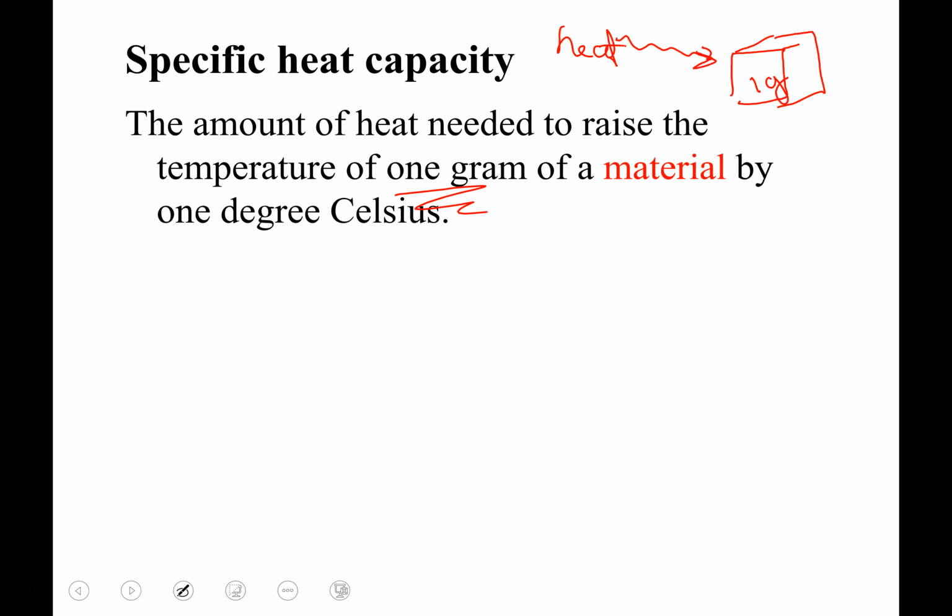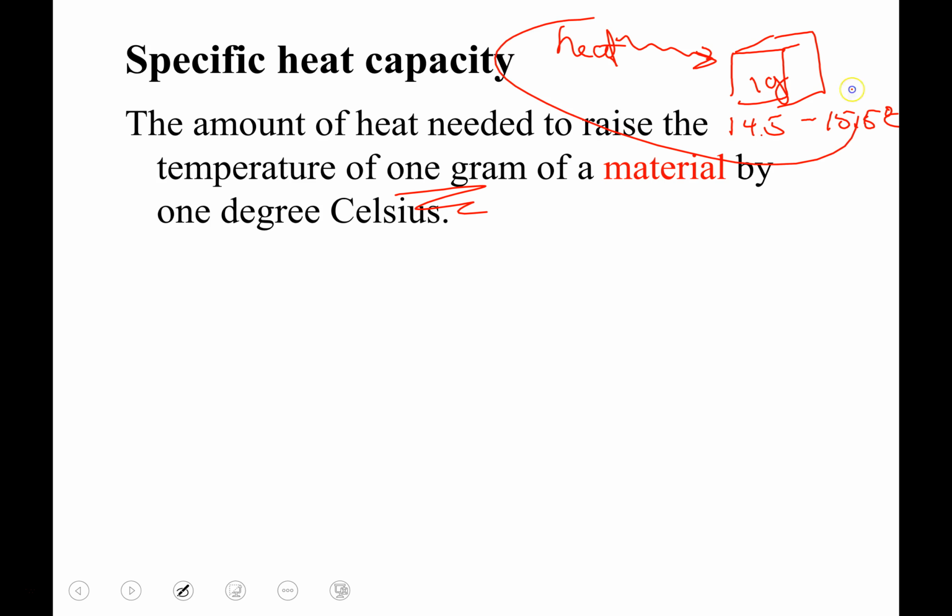Do you guys remember what temperature when I talked about the definition of a calorie? It was water, 1 gram of water, raising it from what to what? 14. Yep. From 14.5 to 15.5 degrees Celsius. So 1 degree Celsius.